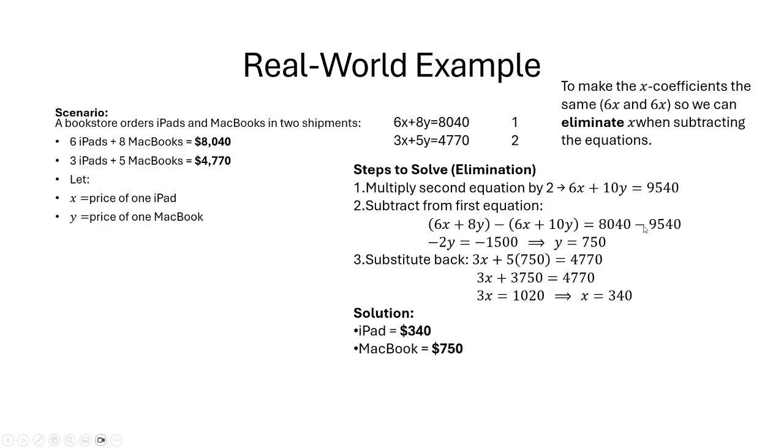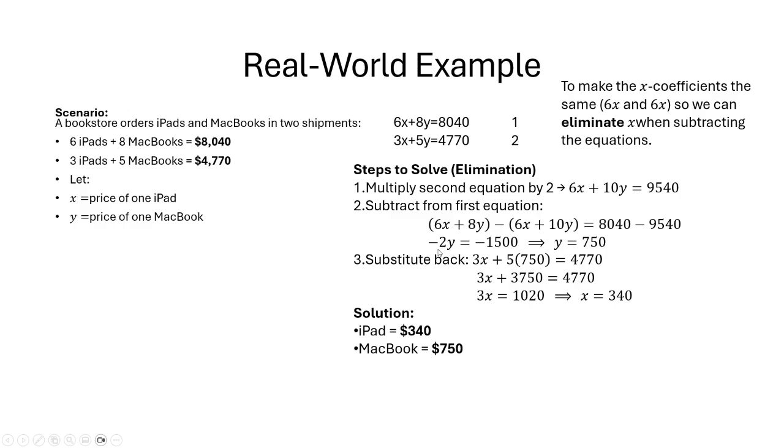And now we combine everything. So 6x minus 6x was 0. 8y plus 10y is 18, I believe. But we get negative 2y, because we have to subtract. That's right. So we get negative 2y equals negative 1,500.